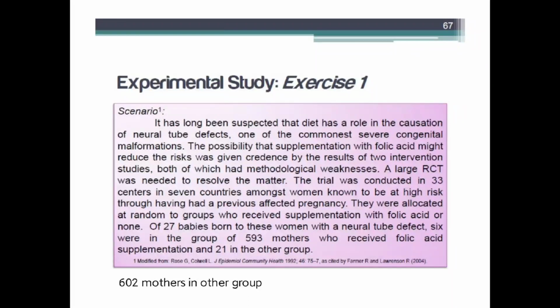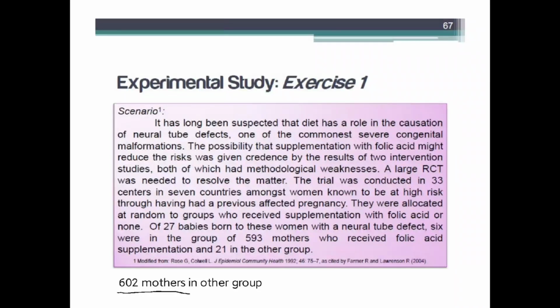The trial was conducted in 33 centers in 7 countries amongst women known to be at higher risk through having had a previous affected pregnancy. They were allocated at random to 2 groups who received supplementation with folic acid or none. Of 27 babies born to these women with neural tube defect, 6 were in the group of 593 mothers who received folic acid supplementation, and 21 in the other group of 602 mothers.